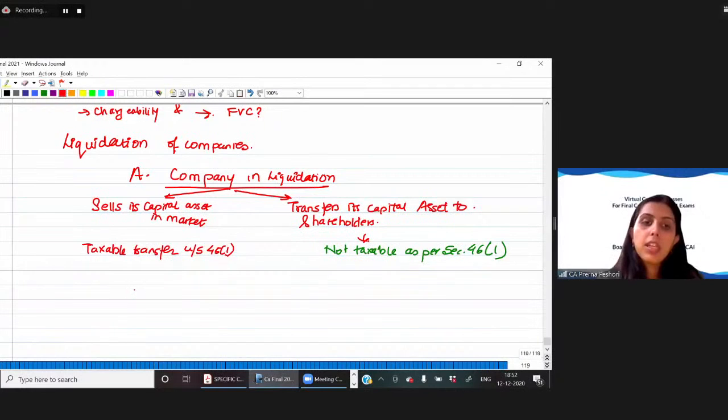Part B. In the hands of the shareholder. What will be the implication in the hands of the shareholder? Let's try and understand that.